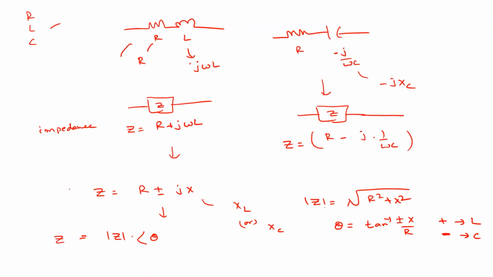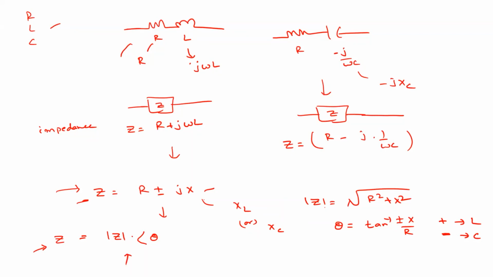So this is how we represent Z in polar form. We can represent it in complex form or in polar form. Sometimes in calculations this is easy. If we are adding two impedances, we can simply add the real terms and add the reactive terms, so this format is easy. When we are dividing, for example Z1 by Z2, the polar format is easy.